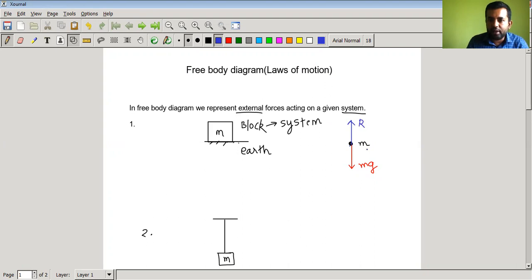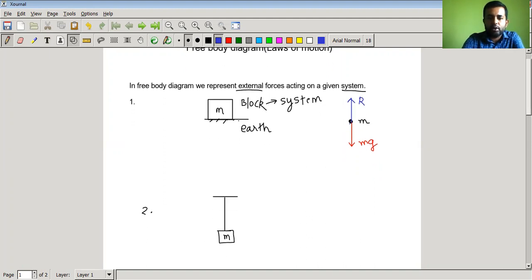So now m is the system, and in the free body diagram we have represented the external force acting on the system. So one is force by earth, and another is also force by earth only, by the ground, in upward direction.